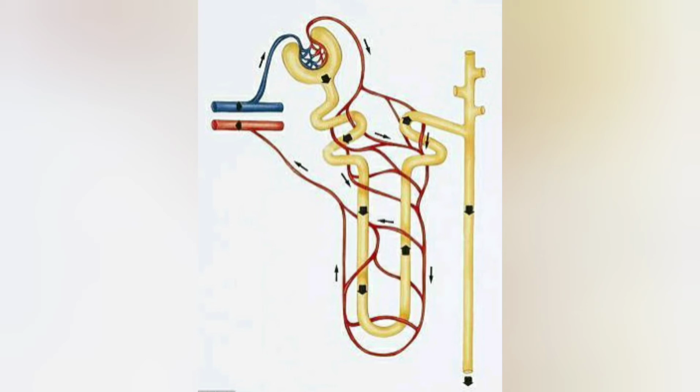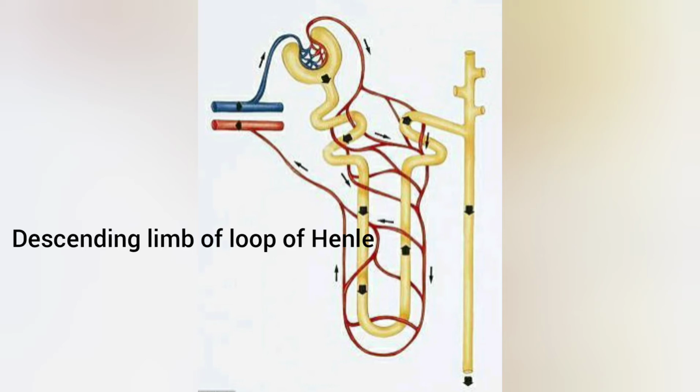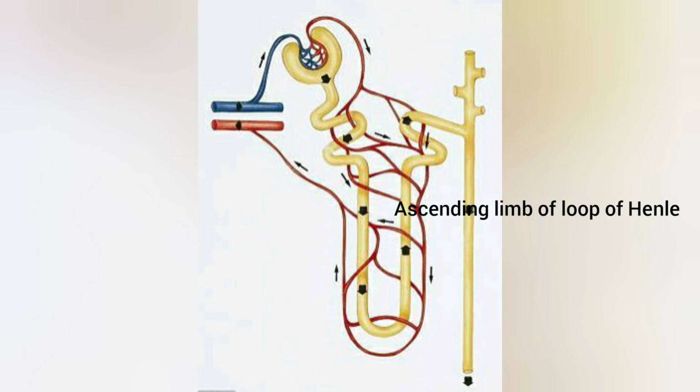You will find the passage of fluid from the descending limb of the loop of Henle to the ascending limb. The flow of tubular fluid is in opposite directions through both limbs, so the name is counter current. Counter means opposite and current means flow.